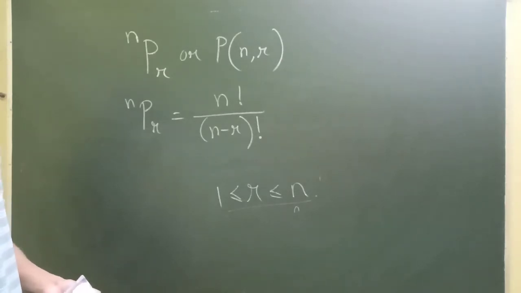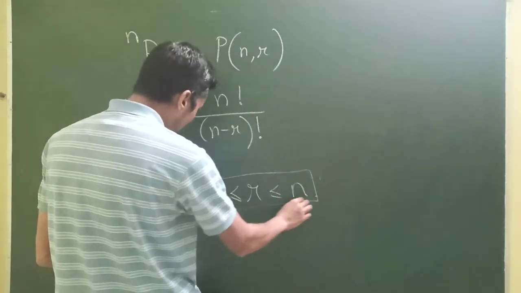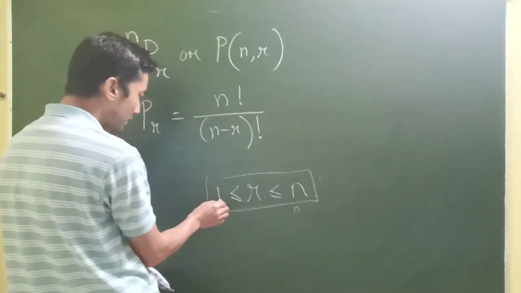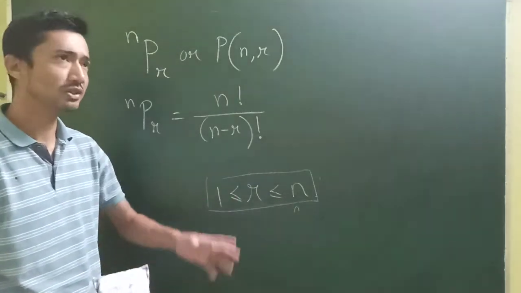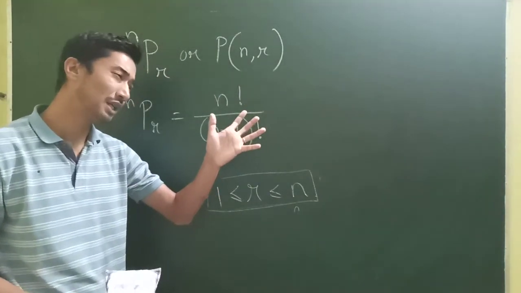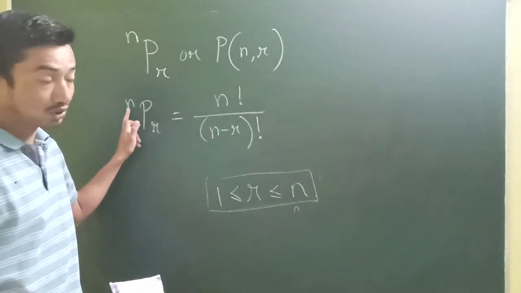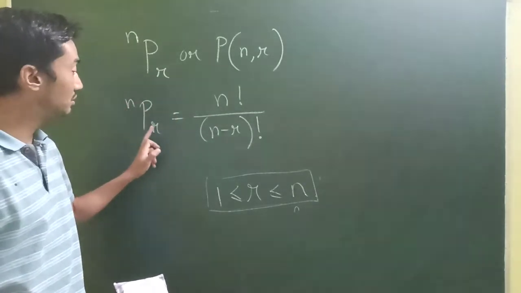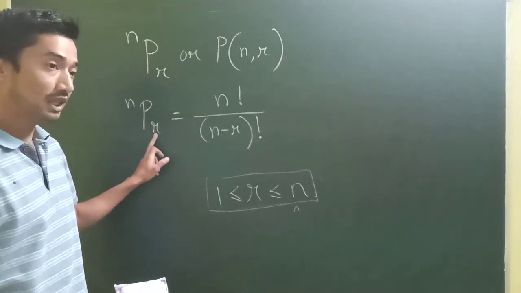Okay. Now, why is this condition given? Now this condition, r should always be greater than or equal to 1 and it should always be less than or equal to n, because you see, again, practical concept. The number of things that is given to you should always be greater or equal to the number of objects that you can take.